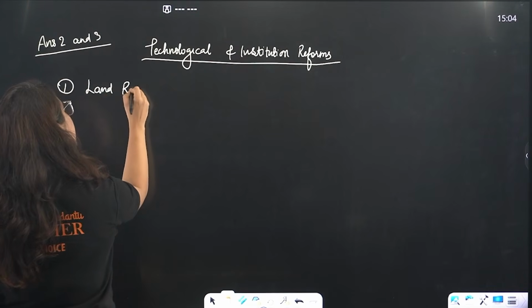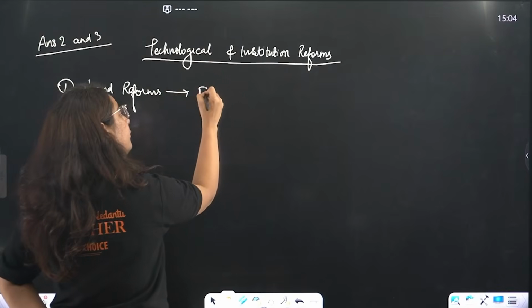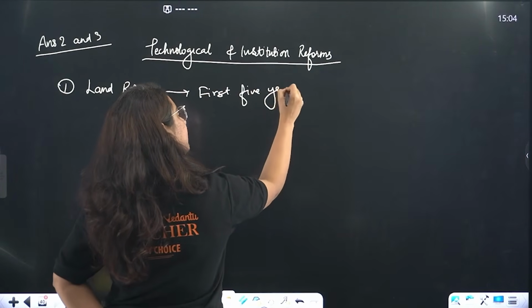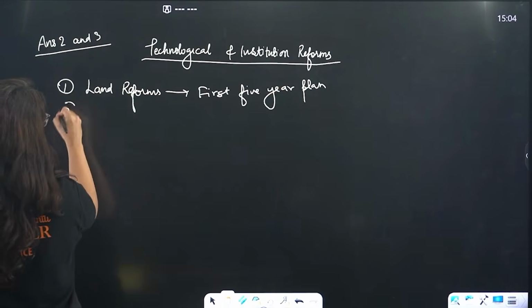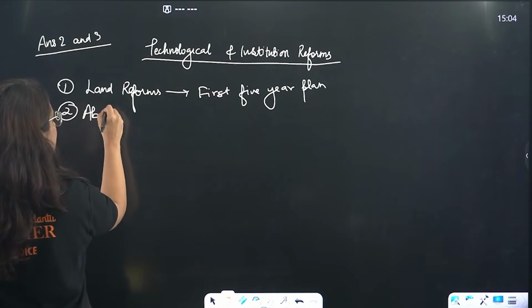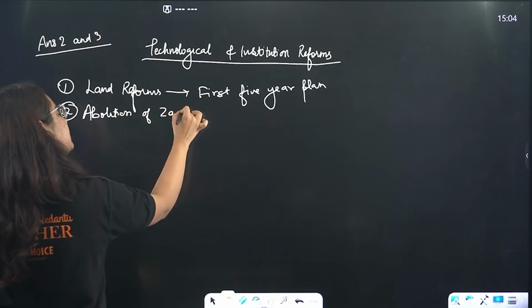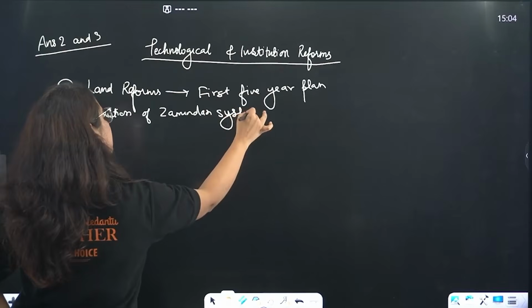Land reforms were introduced as part of the first 5-year plan. Yes, this is one. Then we can write about abolition of the zamindari system. Abolition of what, bacha? Zamindari system. Right, fine.